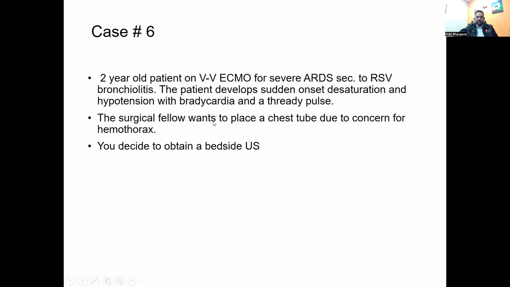The surgical fellow wants to place a chest tube due to the concern that this could be some degree of hemothorax in the chest, based on a chest x-ray that is whited out and has been whited out for the last several days. But you very carefully decide that this needs to be evaluated a little more closely before we do that, and you obtain a bedside ultrasound.